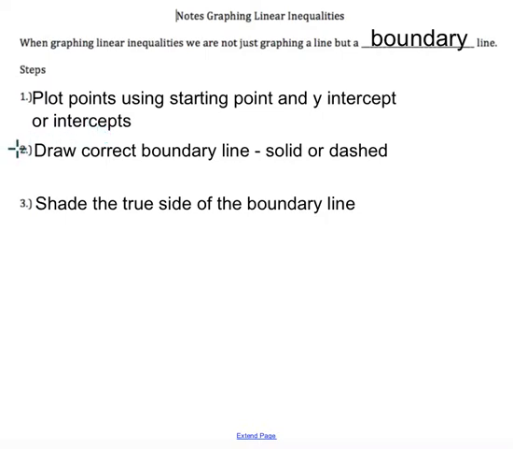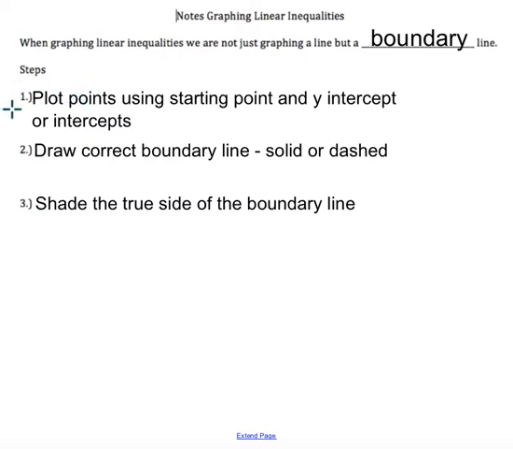Step 2, you are then going to draw the correct boundary line, which is either going to be a solid line or dashed. And then, because an inequality is not just the set of ordered pairs on the line, but it's going to be also an area of the coordinate plane.